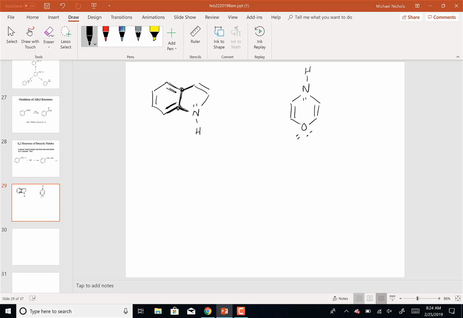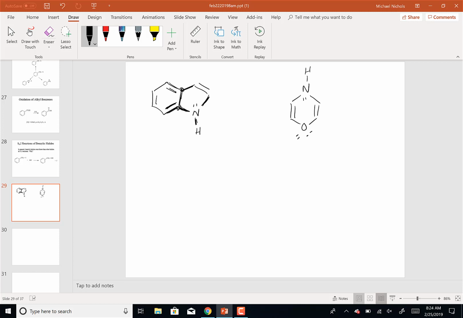So this nitrogen, if it decides to become sp2 hybridized, is going to have these 2 bonds and the hydrogen in the hybrid orbitals. It's been a while since we've talked about hybrid orbitals and hybridization. But remember that the only thing that can go into p orbitals is lone pairs.